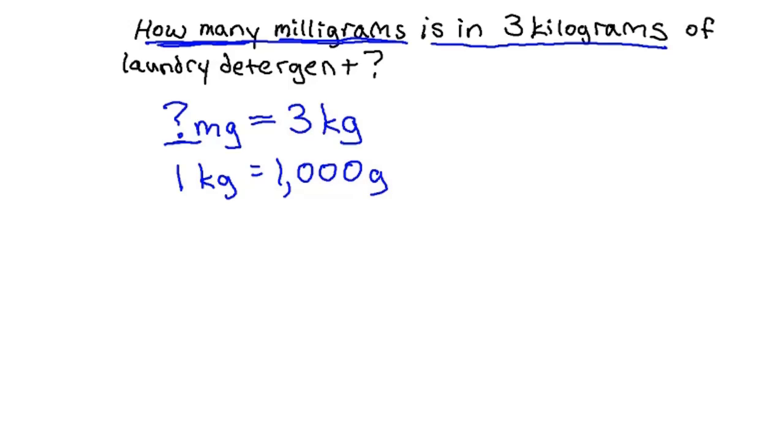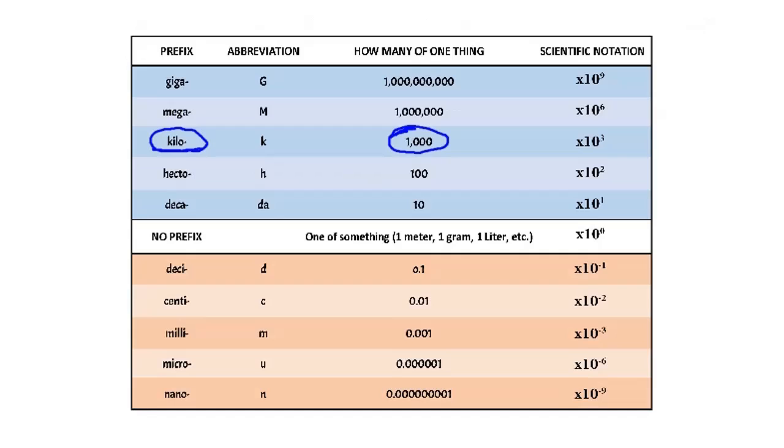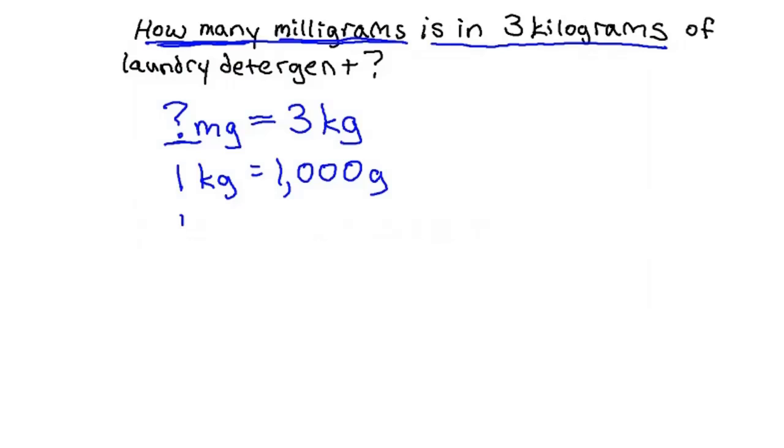Let's look at our table. And milligrams is down here in the smalls. So 0.001 grams is in 1 milligram. Or you could also say 1/1000th, or 1,000 milligrams is in 1 gram. So let's write that down on our table. 1,000 milligrams is in 1 gram.